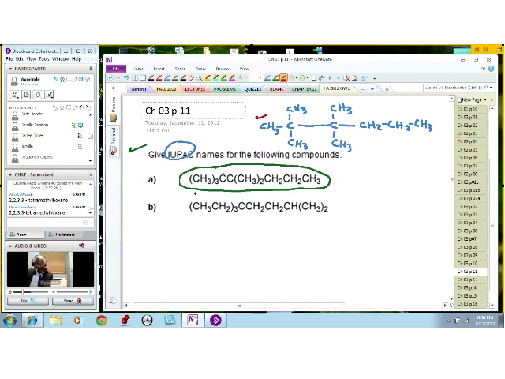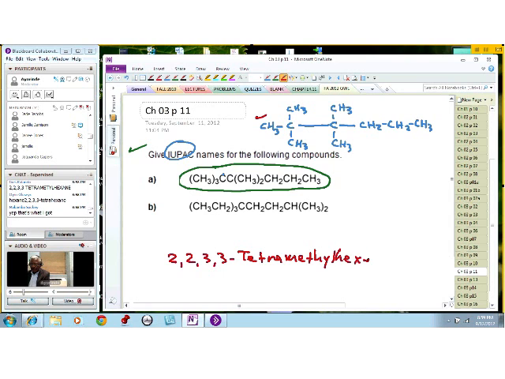Okay, great. Oh, you guys got them already. Okay, so that is 2, 2, 3, 3, tetra, excellent. Tetramethyl, you have 4 methyl groups. And the longest carbon chain is hexane, yes.